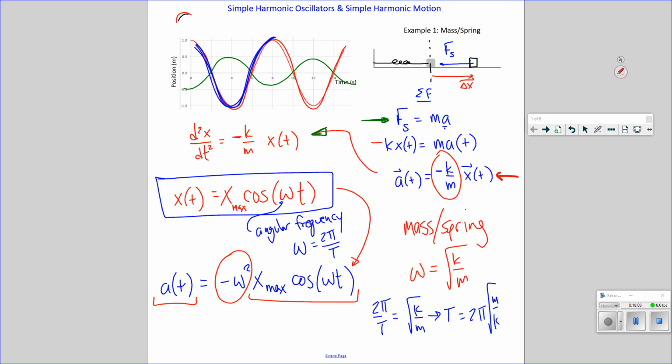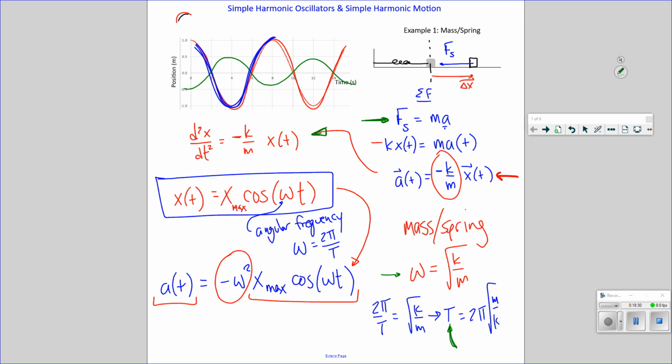And thus we can set those two things equal. Omega squared is k over m, or omega is the square root of k over m. And again, this omega is the rate at which this function repeats itself, which can be related to how long it takes the function to repeat itself.